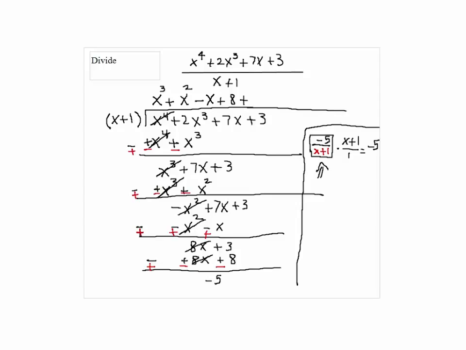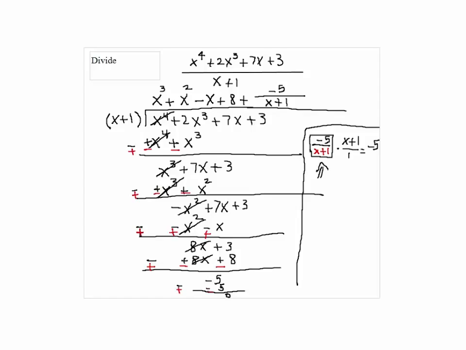Well, this must be a fraction where the bottom of the fraction must be x plus 1, so I can reduce these two, and the top of the fraction is the remainder, which is -5. So as you see here, we have a fraction.